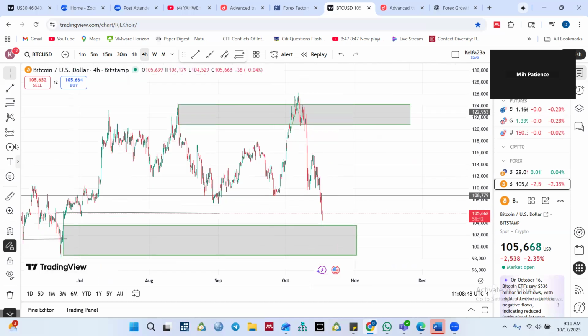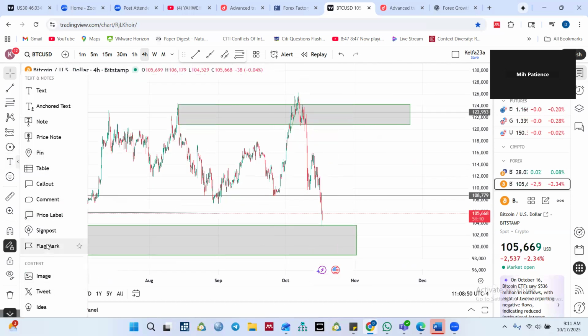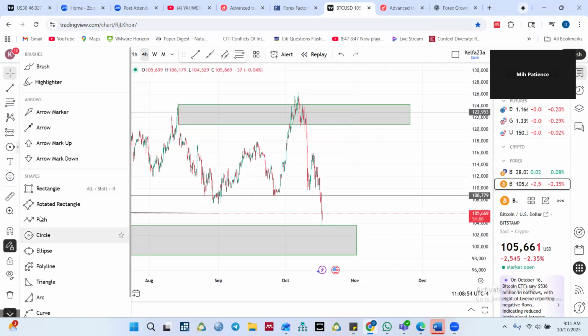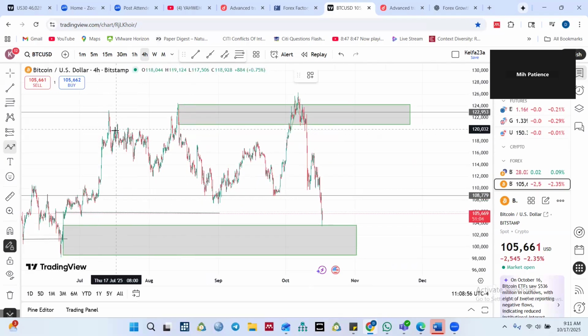So you see, price was bullish going up. Let's say we had this action: high, low, break, higher high, lower high, higher high.